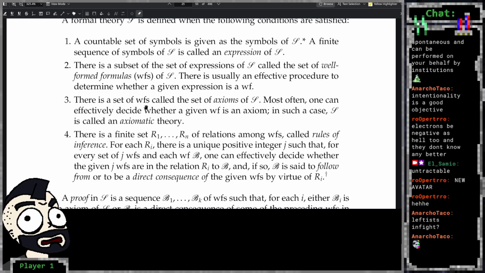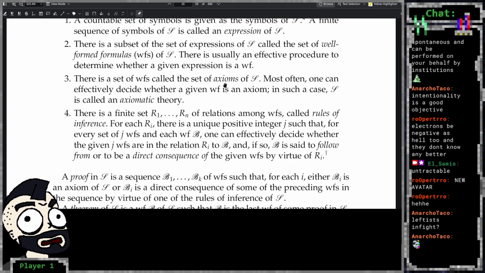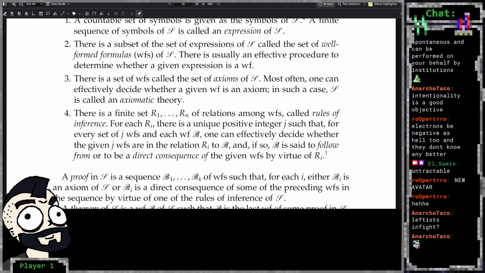There is a set of well-formed formulas called the axioms, the set of axioms of the system. Most often, one can effectively decide whether a given well-formed formula is an axiom. In such a case, the system is called an axiomatic theory. What does that mean? Okay, so effective method is an open problem in mathematics.